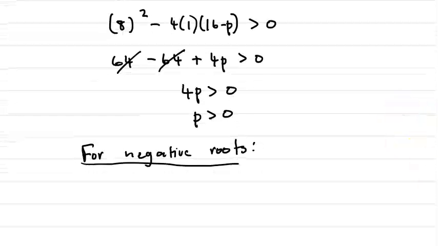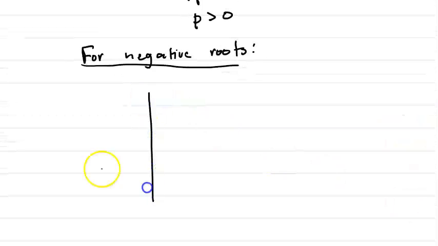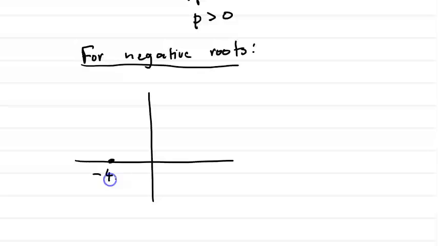This graph will look as follows: minus 4 and 0, and the y-intercept is positive 16, so we can write it as the coordinate 0 and 16. So this graph is going to look as follows.